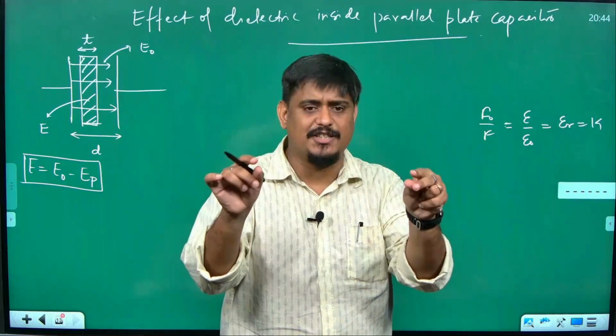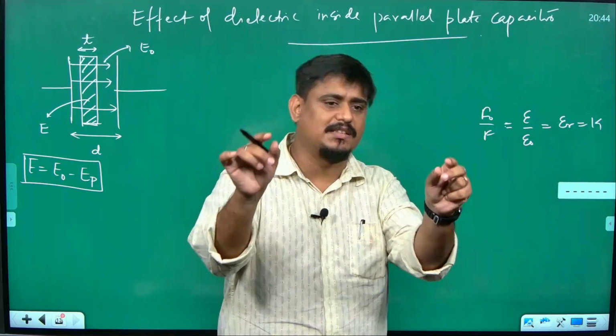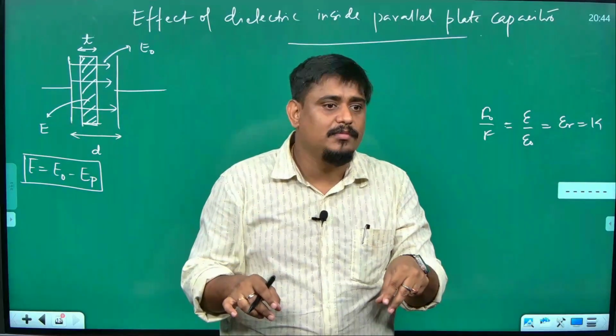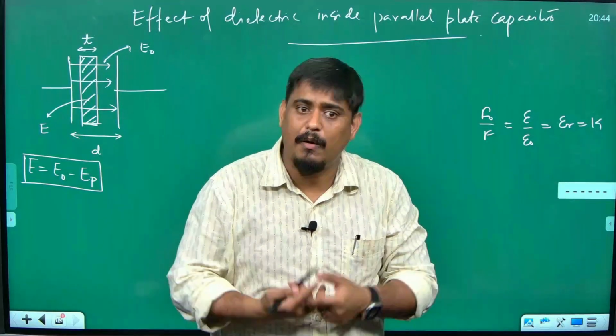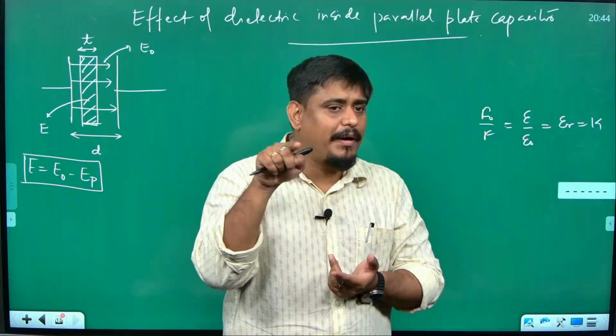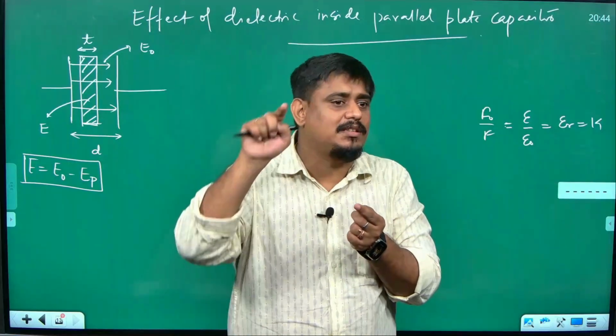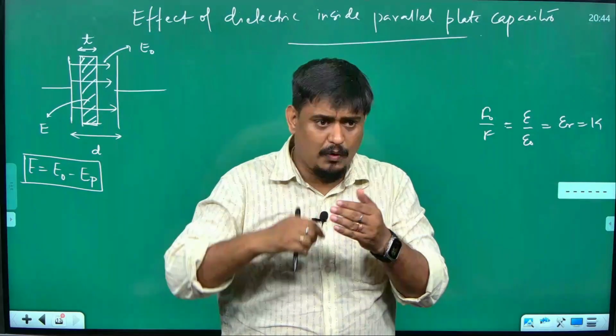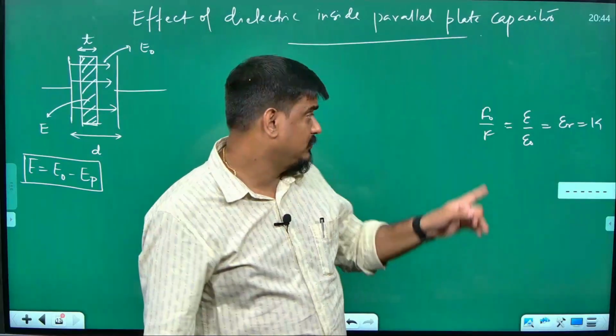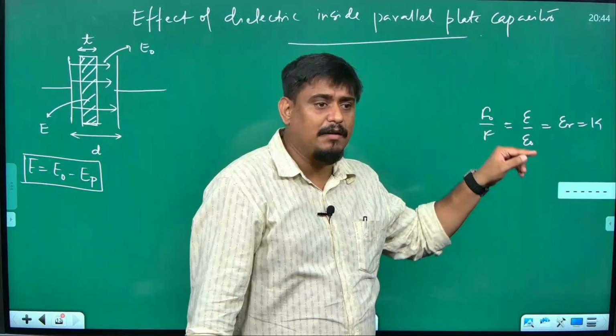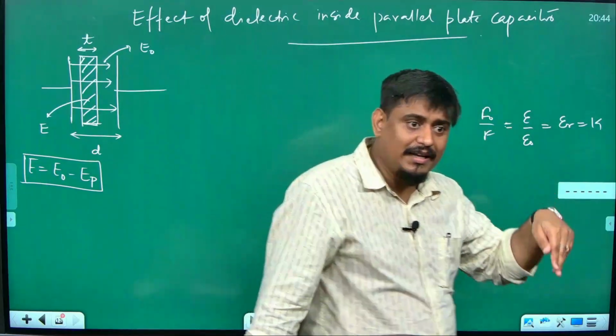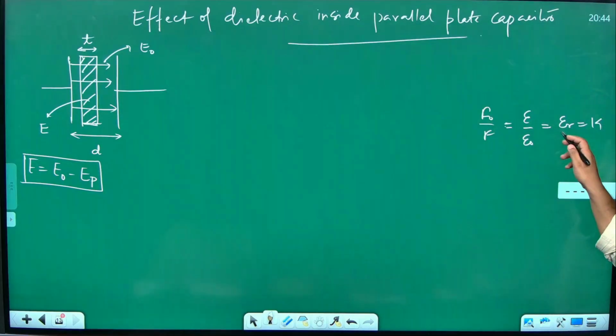If the same charges are kept at the same distance in some other medium, the force will change. What will be the force? 1 by 4 pi epsilon times Q1 Q2 by R square. When you divide both, everything cancels, remaining term will be epsilon by epsilon naught. This ratio is called epsilon R, that is relative permittivity, also called dielectric constant.